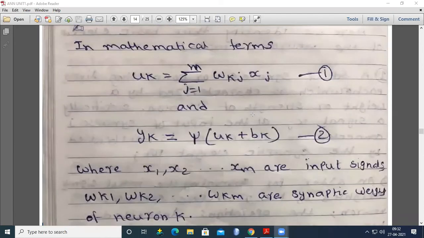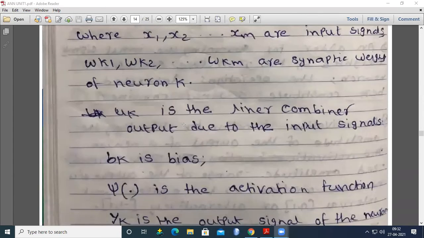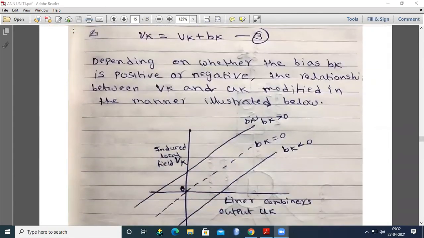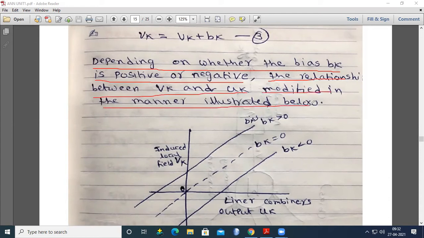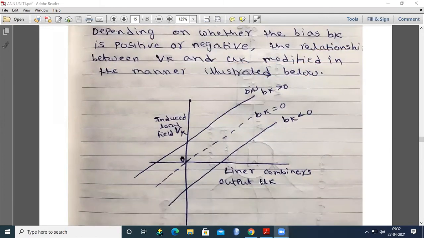Depending on whether the bias bk is positive or negative, the relationship between vk and uk is modified in the manner listed below. This is the linear combiner output uk, and these are the induced local field vk.